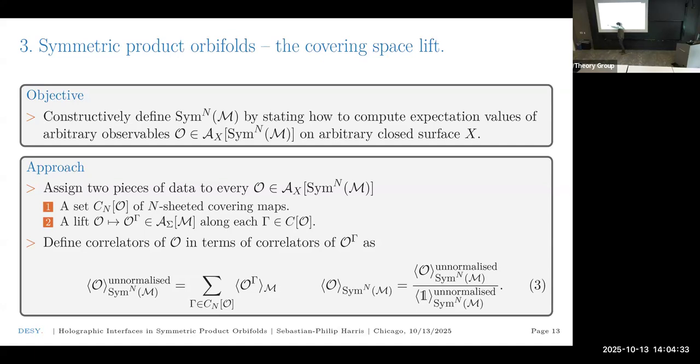So this expectation value of this observable of symmetric orbifold on X is given by the sum of all the covering maps associated by this first step to this observable. And then for each of these covering maps, you evaluate the lifted observable of the seed theory on the covering space sigma.